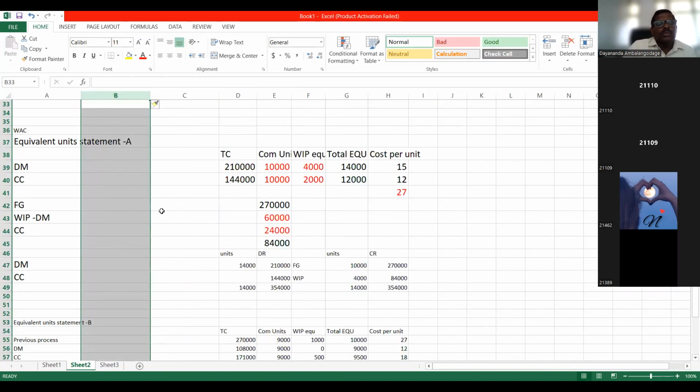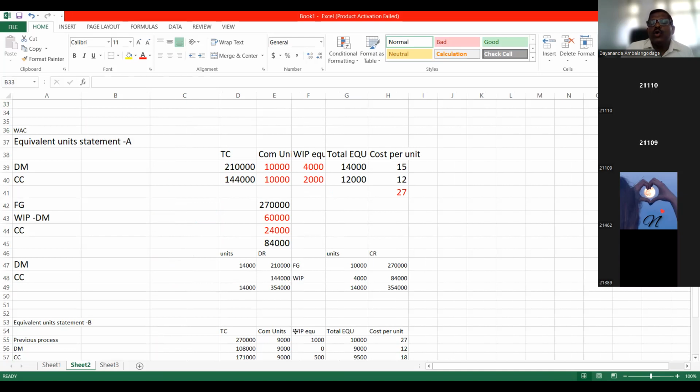Two. That is what we need. The previous one also you can remember, here the same question. So we were focusing on two columns, as I told you: total cost, current cost, and opening WIP.